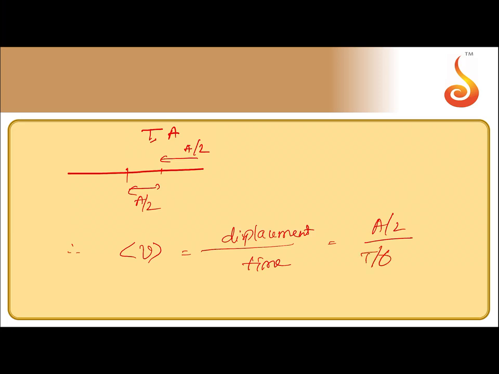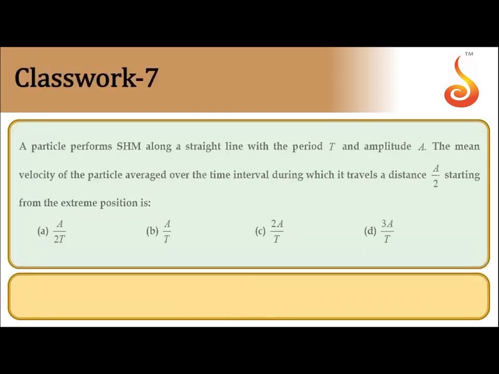You may wish to recall that the particle takes a time T by 6 to cover this journey of half the displacement starting from the extreme position. So this becomes 3a divided by T. Therefore, the average velocity of the particle is 3a divided by T. That is our correct choice.